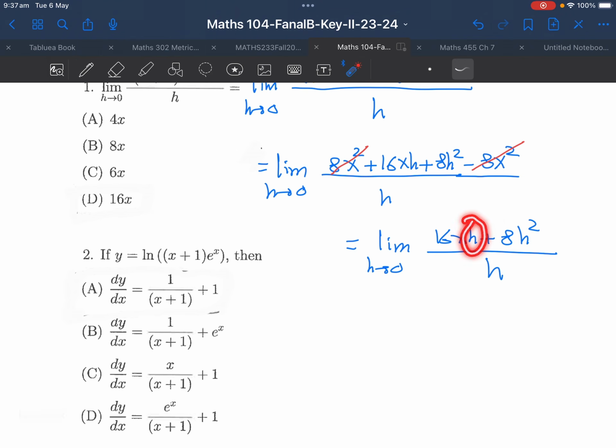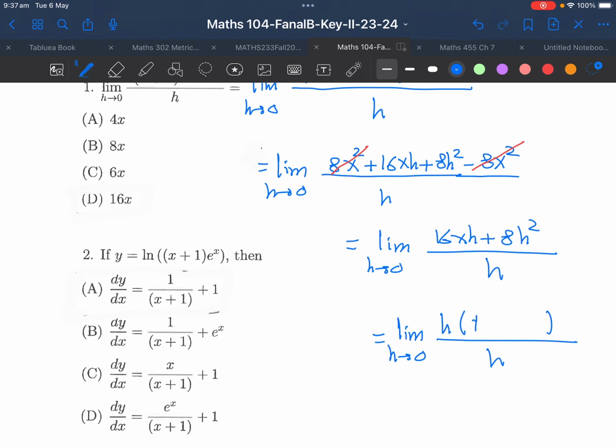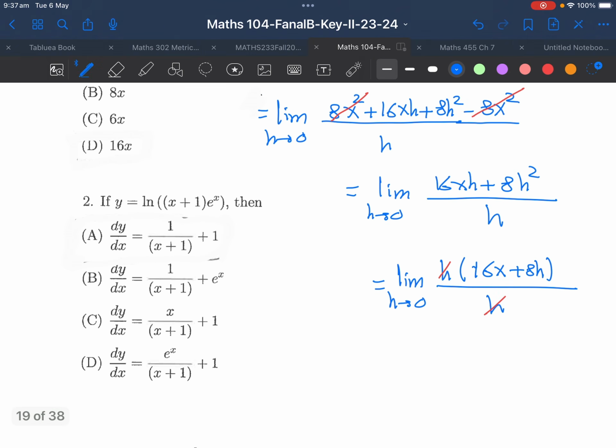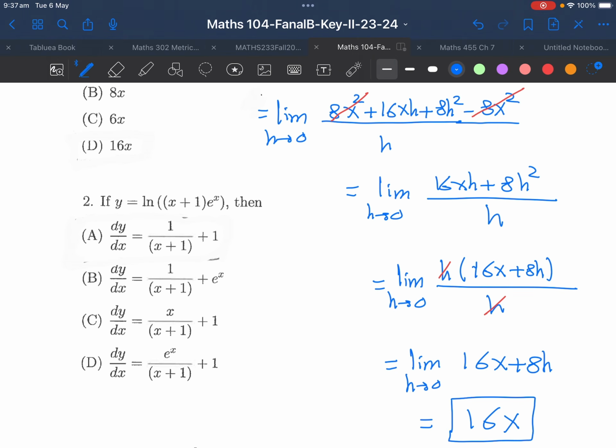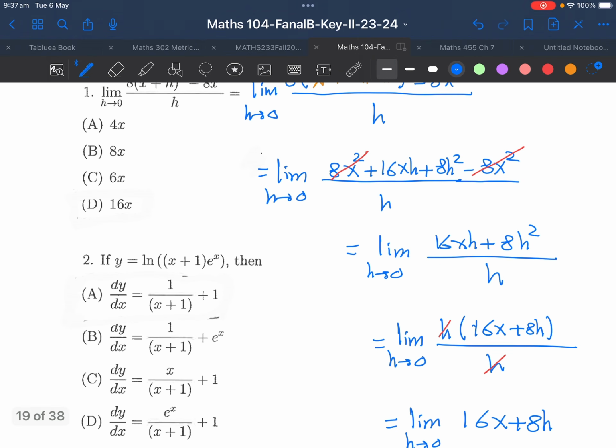You can see that we have an h here and h squared here, so I will take h as a common factor. What is remaining is 16x plus 8h. Now we can cancel h with h. So we get 16x plus 8h. Now if you substitute h equal to 0, the final answer is 16x, which, if we go here, is answer part D.